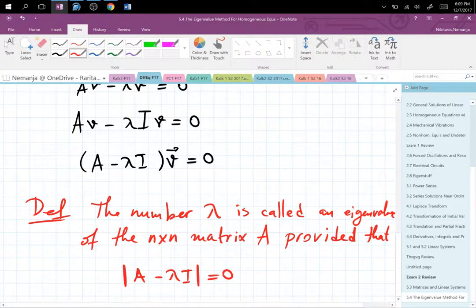So we just saw that you have this. Why is there a need for this? First of all, the vector v, we don't want that to be a vector of zeros.